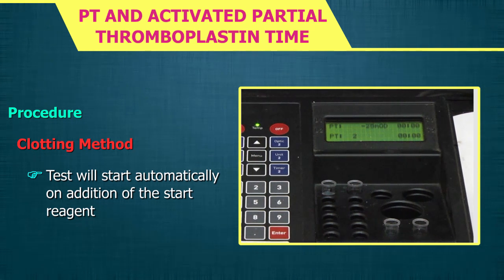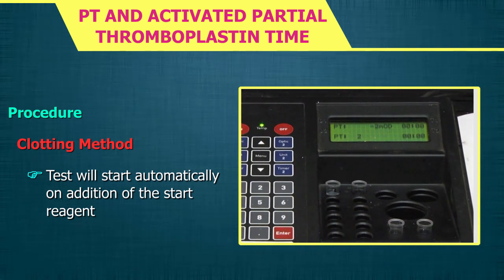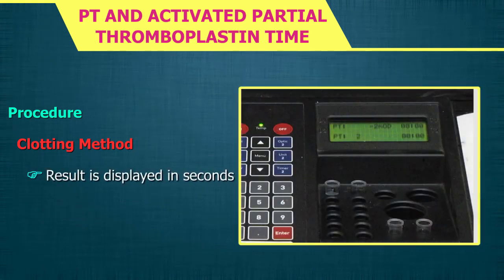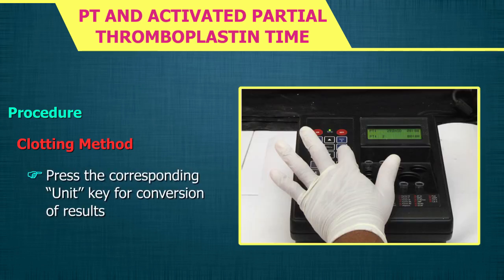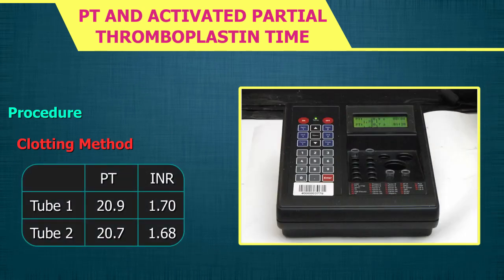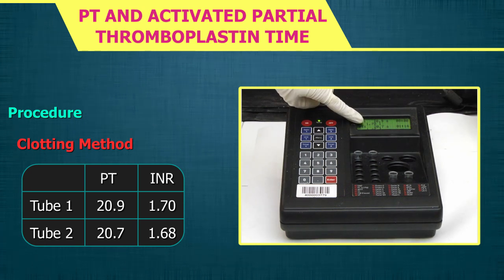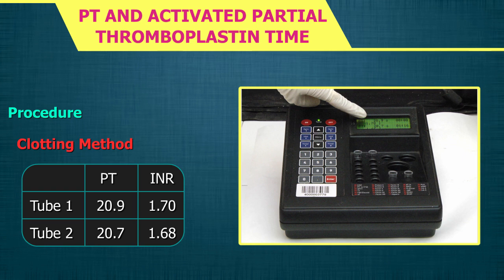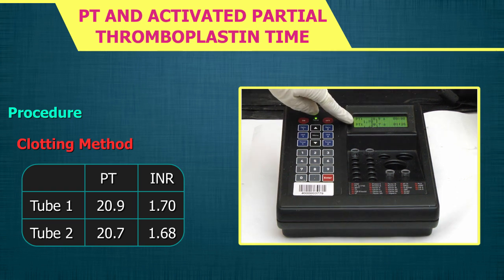The test will start automatically on addition of the start reagent. The test is displayed in seconds. Press the corresponding unit key for conversion of the results. The PT and INR results in our demonstration are 20.9 seconds and 1.70 respectively for tube 1, and 20.7 seconds and 1.68 respectively for tube 2.